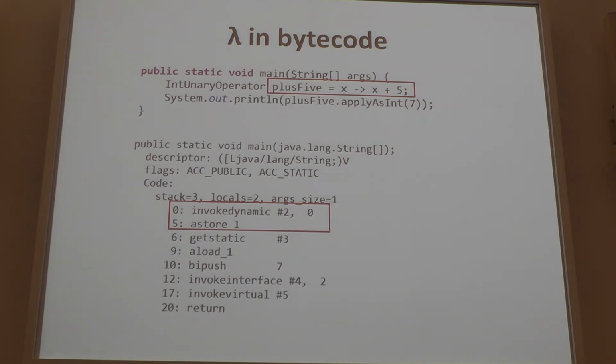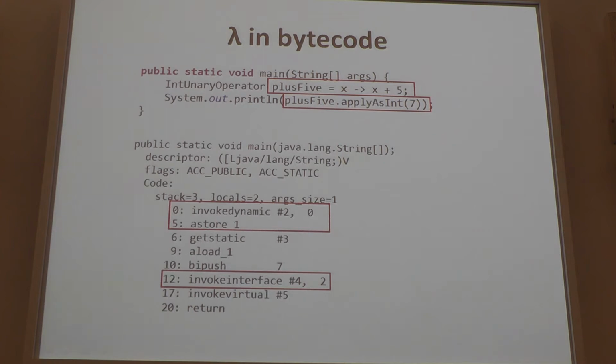Here we have a definition of the lambda expression, and that gets compiled to these instructions. Here we see the invokedynamic, and this will store the result of the invokedynamic in a local variable.